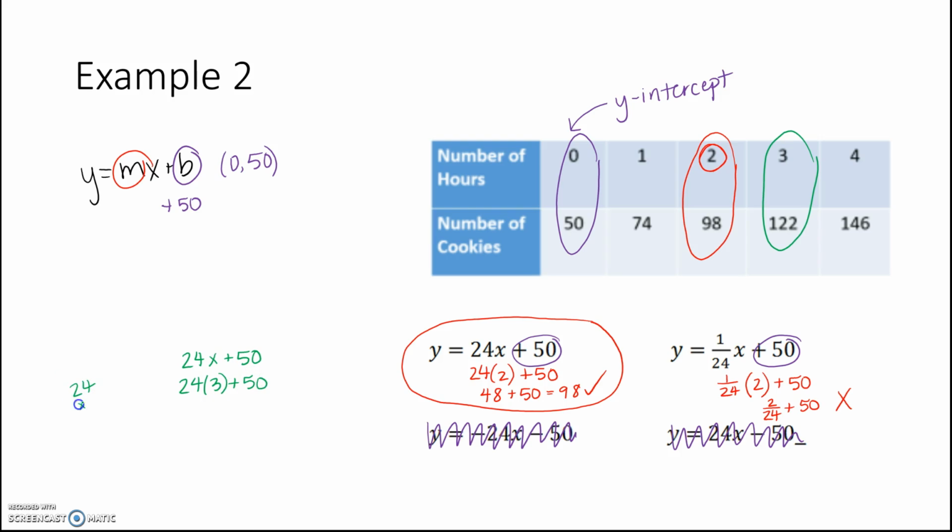I honestly don't know this off the top of my head. 72 plus 50. 5 plus 7 is 12, so 122. Check. Okay, so if you need to check several points, you would definitely just substitute them in separately.